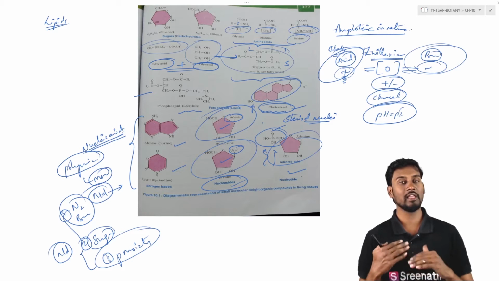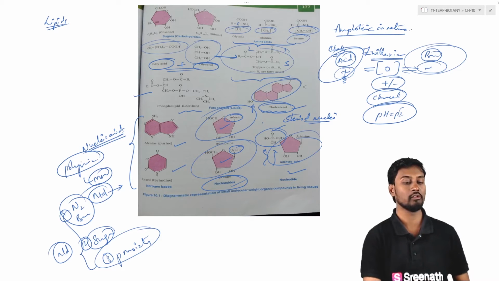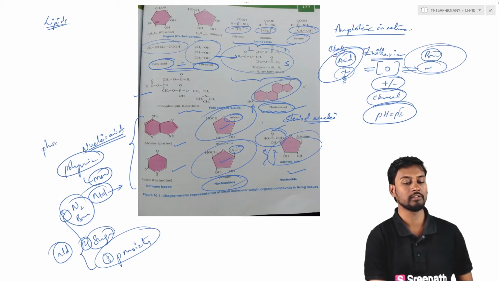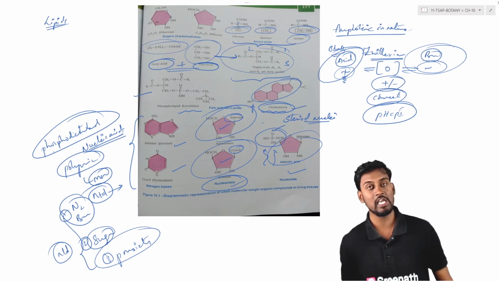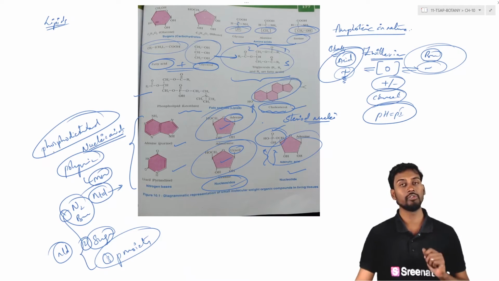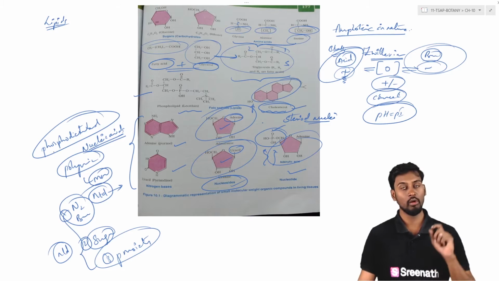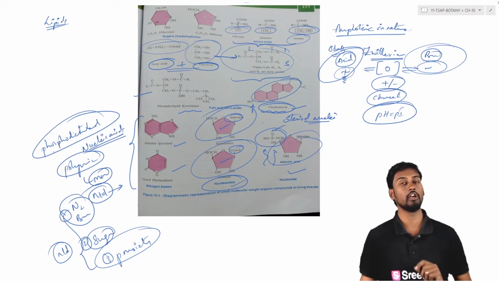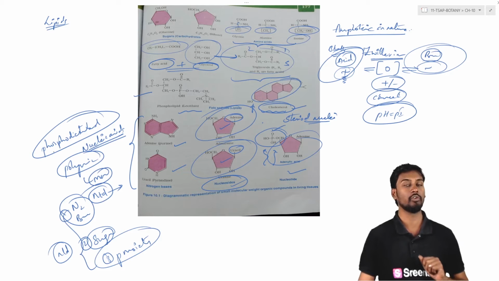This kind of stacking is because of the presence of a bond called the phosphodiester bond. So what is a phosphodiester bond? A phosphodiester bond is generally a linkage between two individual monomeric nucleotides. The two individual monomeric nucleotides are joined together by means of a phosphodiester bond.